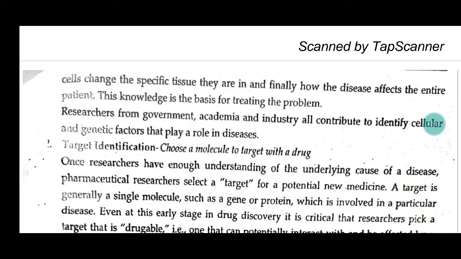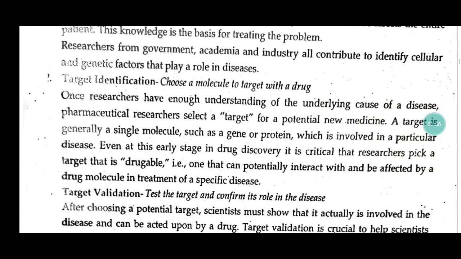Once the researchers have enough understanding of the underlying cause of the disease, the pharmaceutical researchers select a target for a potential new medicine. A target is generally a single molecule such as a gene or protein which is involved in a particular disease. As I said, the target is very important for understanding the disease.